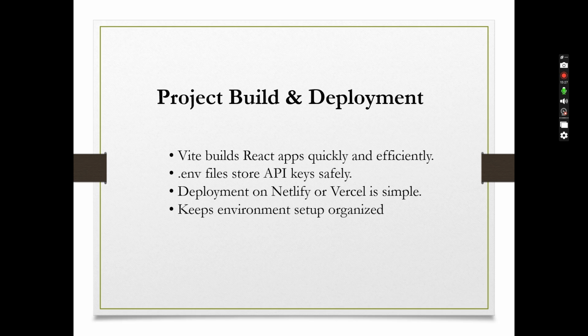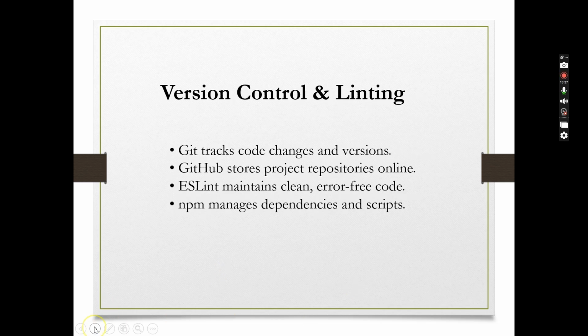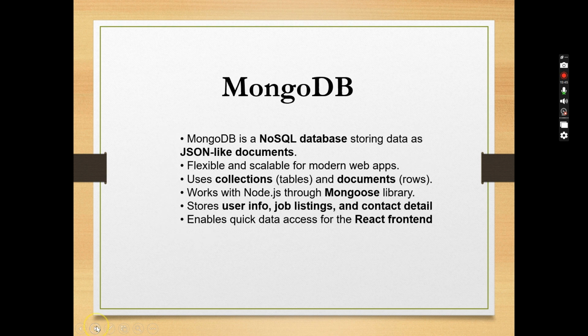Then the deployment: after the project is completely done, we can deploy it on Netlify or Vercel. Version control: as you all know, Git and GitHub are used for version control.